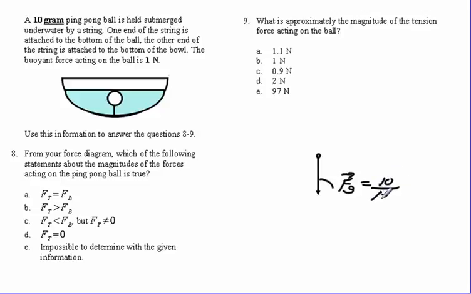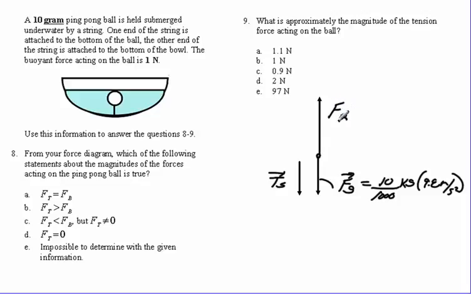So divide that by 1,000 to get my kilograms times 9.8 meters per second squared. That's going to be the force of gravity. You also have this string, so we'll have a tension coming down here. And we'll have a buoyant force that's going to balance these up. So we know right now our buoyant force is going to be pretty big.